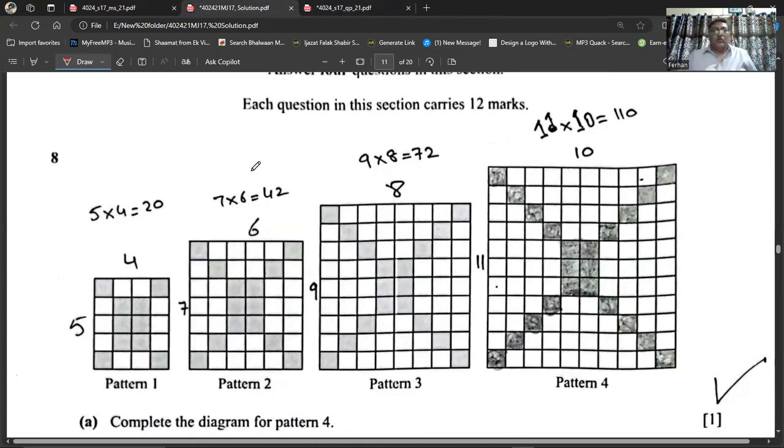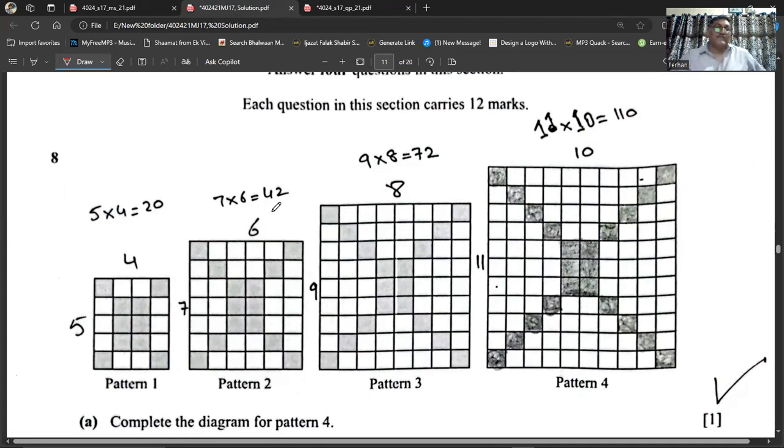And hopefully you know how this is, the pattern 4 has been completed. Okay, here one thing is very important. If you look here you have 5, here you have 4 squares, here you have 7 squares, here you have 6 squares, here you have 9 squares, here you have 8 squares, here you have 11 squares, here you have 10 squares.